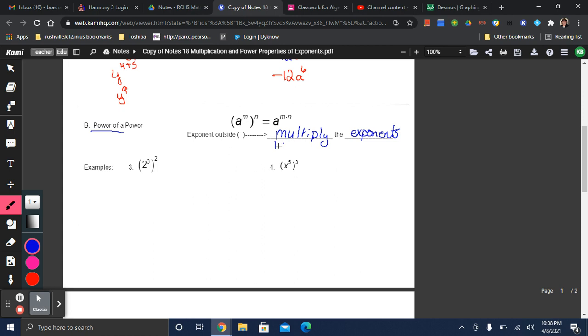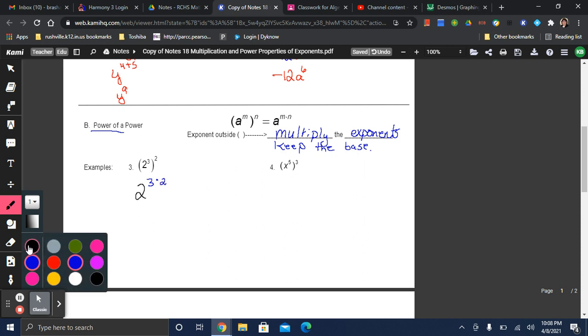Again, keeping the base. And so our next example, we have 2 to the 3rd to the 2nd power. So our base of 2 will stay. Our exponents of 3 and 2 will multiply together. So we'll have our base 2 and our exponent will be to the 6th.